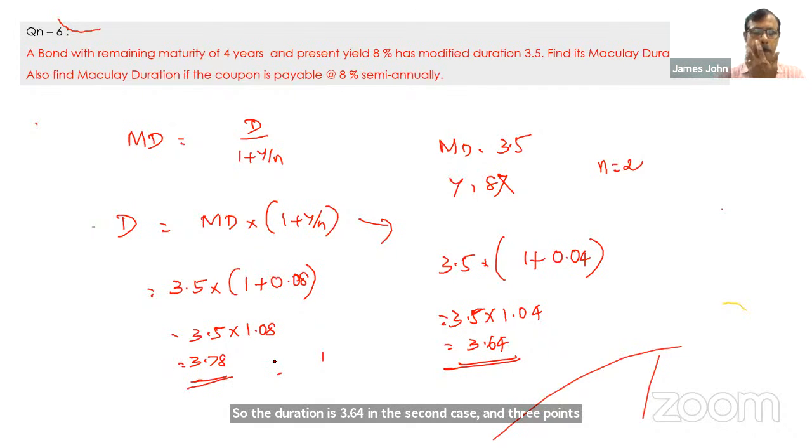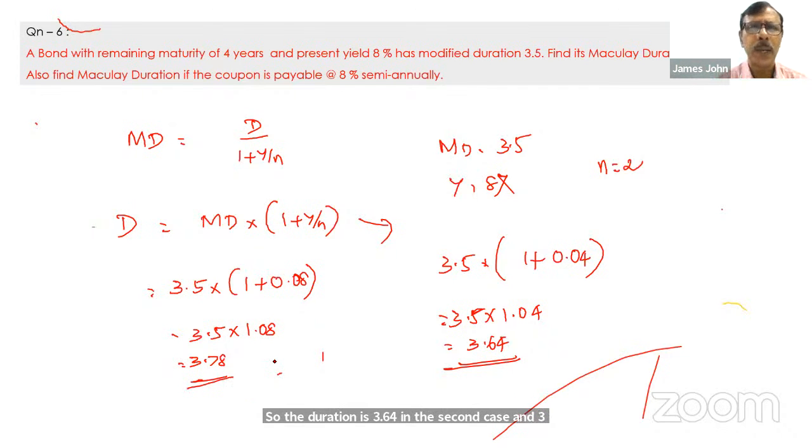In the first case, the N is 4 years, sir? In the first case, it is not like that. The remaining maturity of 4 years we are not taking into account. Here you have to look at the yield and the modified duration.